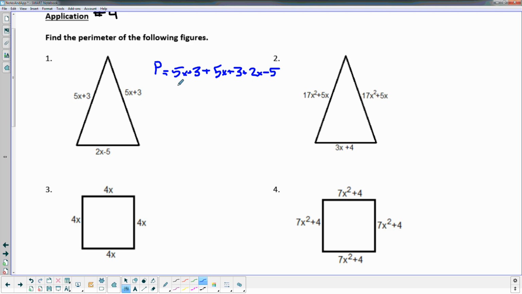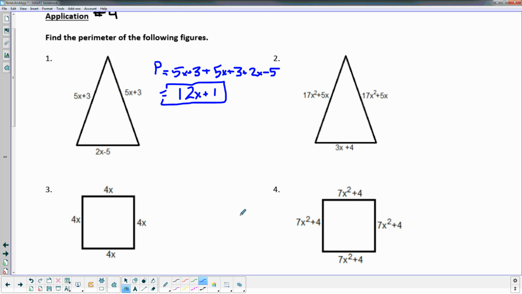Getting a little long-winded there, but that's okay. When I add all those things up, I have 5x, 5x, 2x. That's going to give me 12x. And then 3 plus 3 minus 5, so that'll be plus 1. And that's all we're looking at doing, just trying to combine those like terms and see what that gives us.